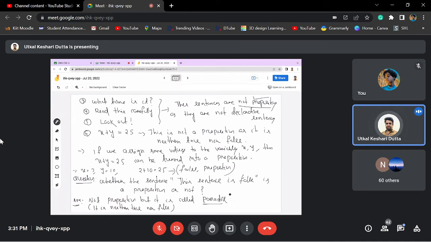But paradox means just remember that if the truth value of a particular sentence contradicts itself, then it becomes a paradox. Paradox means we are confused, we cannot say that it is true or false. Also, it is a contradiction to the fact.